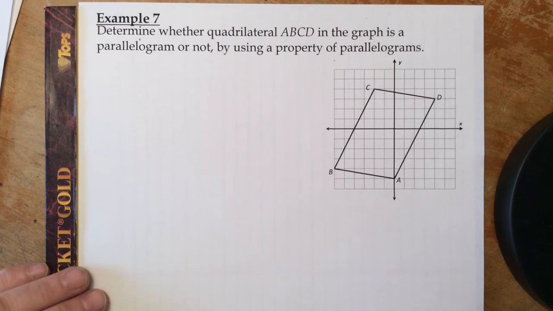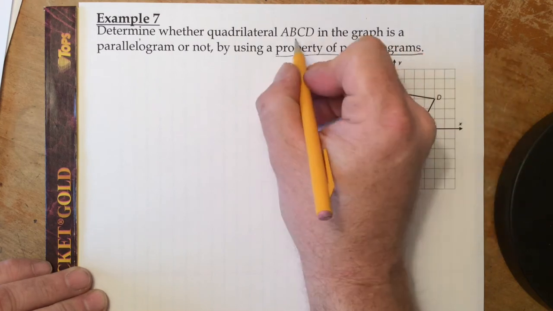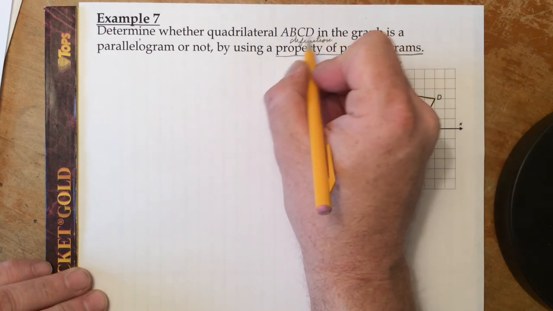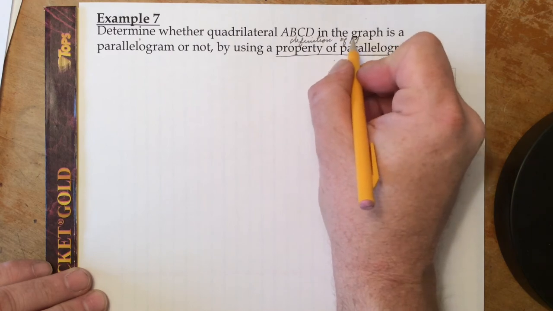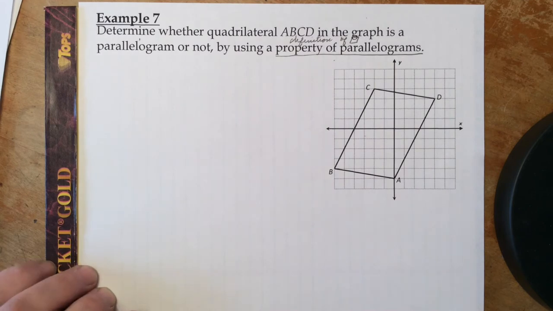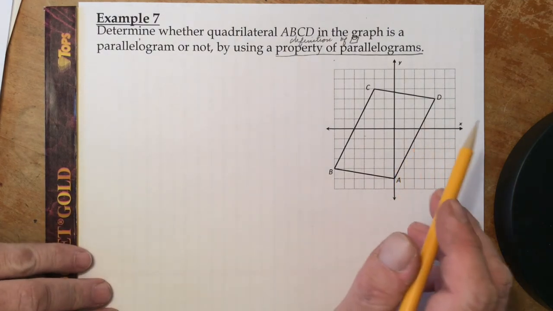Example 7. Determine whether quadrilateral ABCD in the graph is a parallelogram or not by using a property of parallelograms. Now that opens us up to many different choices, including the definition of parallelogram, because that's a property also. Several different ways we could do this.